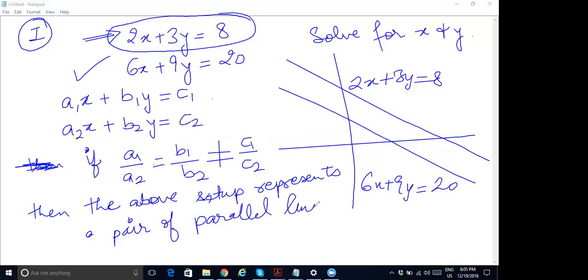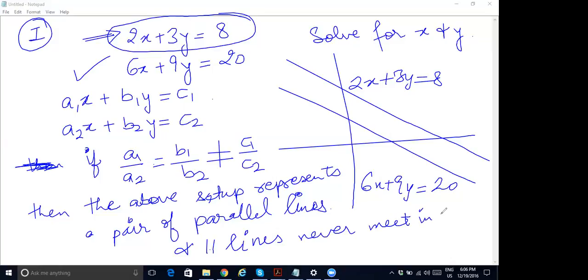A pair of parallel lines, and parallel lines never meet in space. So 2 by 6 is equal to 3 by 9. The ratios of the coefficients of x and y are equal, but c1 and c2 are not in the same ratio.